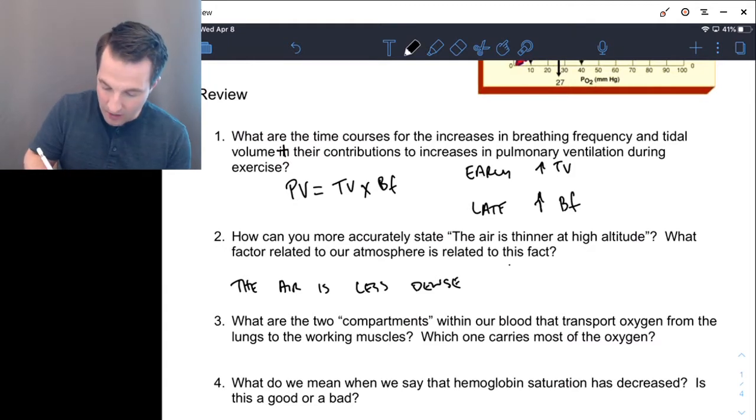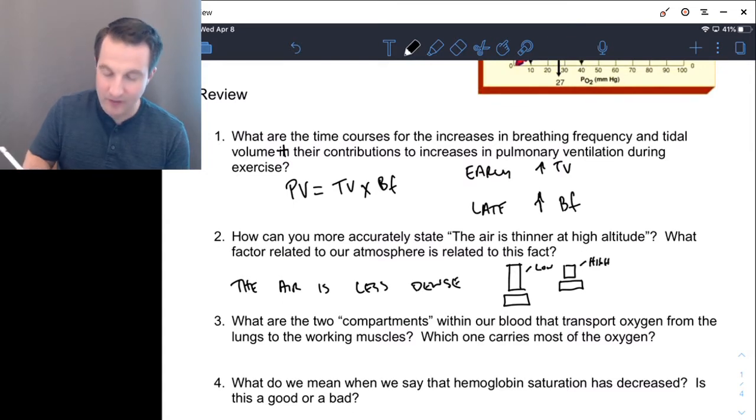Okay, the column of air that's sitting on top of the air that you're breathing at low altitude is going to be bigger than the column of air sitting on top of the air that you're breathing at high altitude.